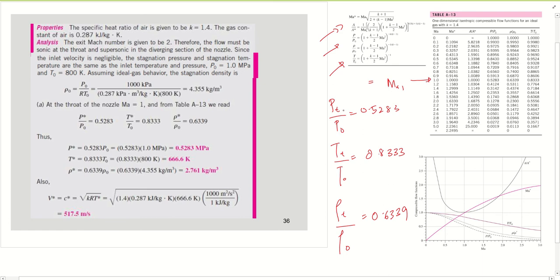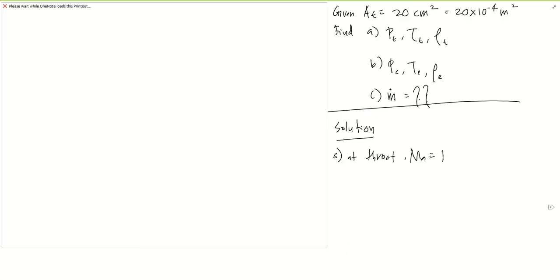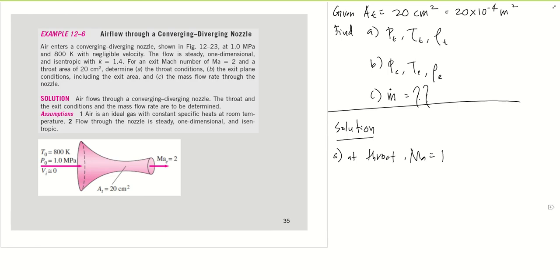To find the throat pressure, or critical pressure, you just multiply by the stagnation pressure. The stagnation pressure is given as 1 megapascal, and the stagnation temperature is also given, so this is where you get the answer for the throat conditions. The velocity at the throat is 517.5 meters per second. For part B, find the pressure, temperature, and rho at the exit.